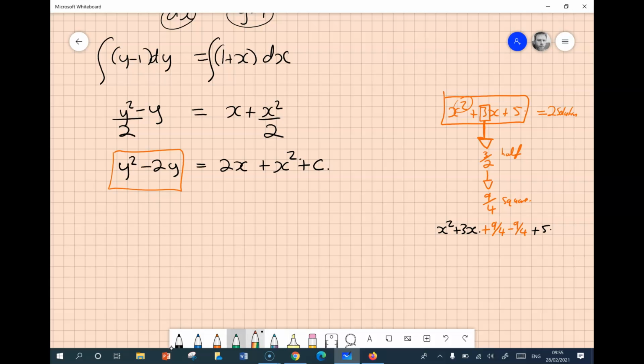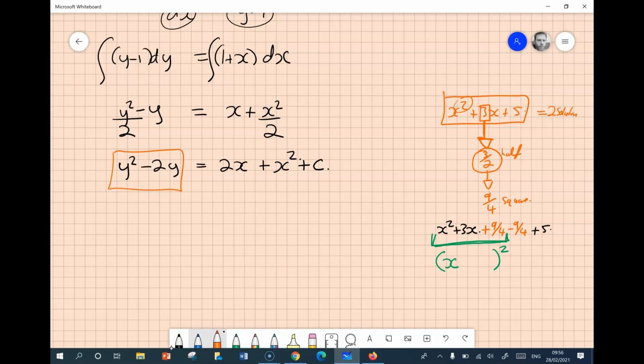Now what I've done there is I've added something and took it away again, which means essentially I haven't done anything. But it allows me to do something really neat. These first 3 parts, it allows me to factorize them. They will always factorize as follows. You'll have your x here, you'll have a squared here, and the number that goes next to the x will always be the thing you halved.